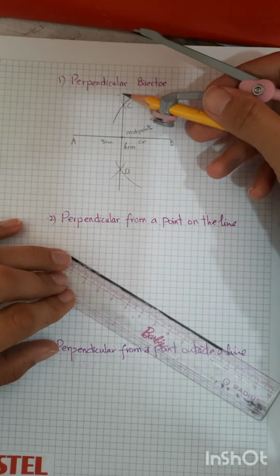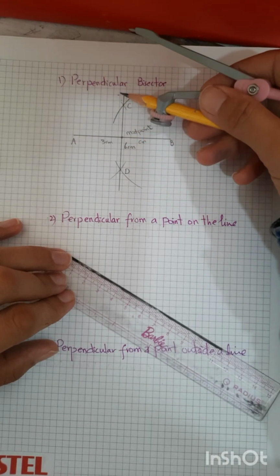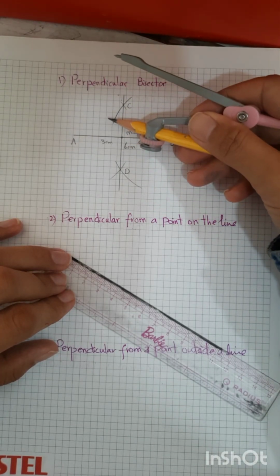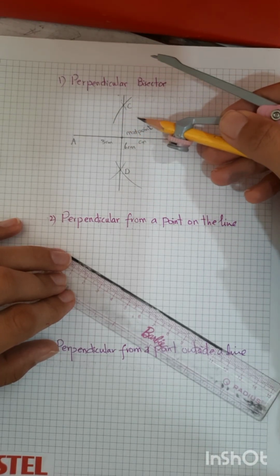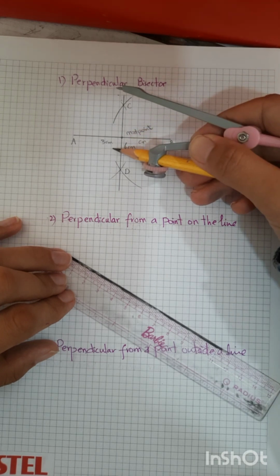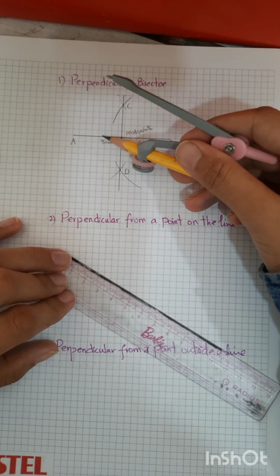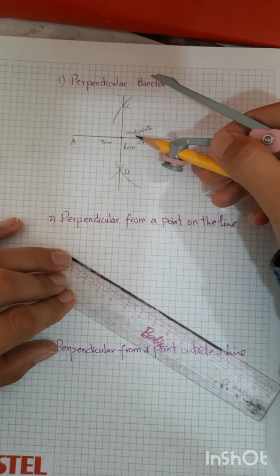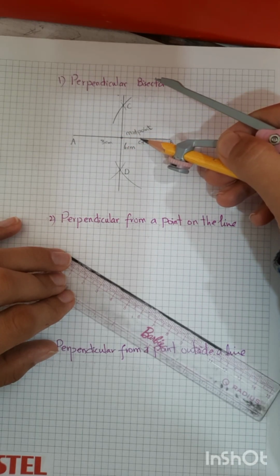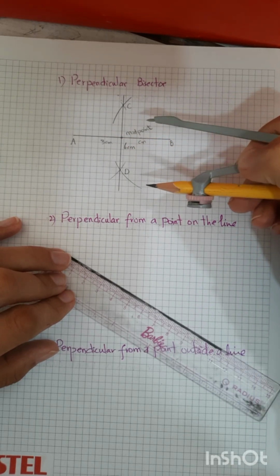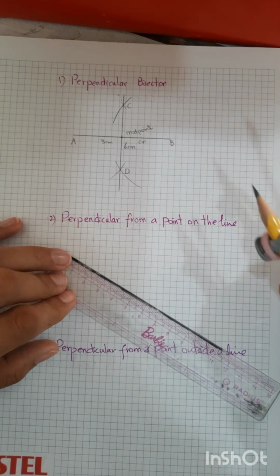And this is the perpendicular, which is also basically the 90-degree angle. You can see this angle is 90, this angle is 90, this angle is 90, this angle is 90, as well as the length of this part of the line and this part of the line is the same. This is how a perpendicular bisector is drawn.